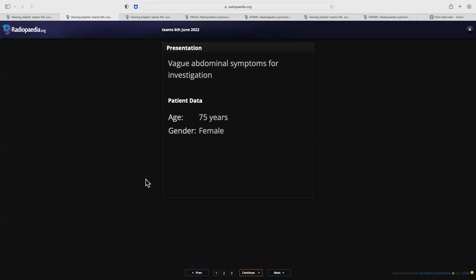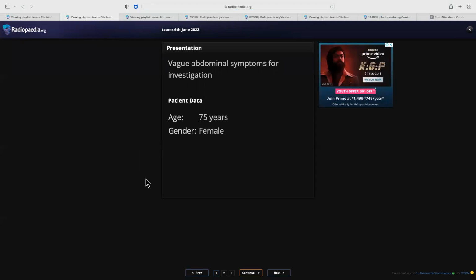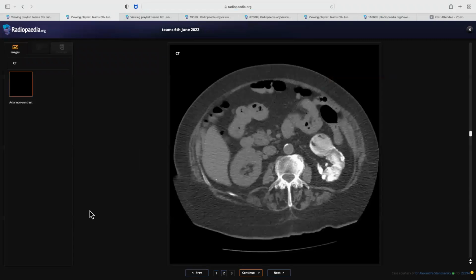So Dr. Mohan, this is your first case. Vague abdominal symptoms for investigation in a 75 year old female patient. You can take the control. Oh, you want me to scroll? I don't know how to take control from my side.